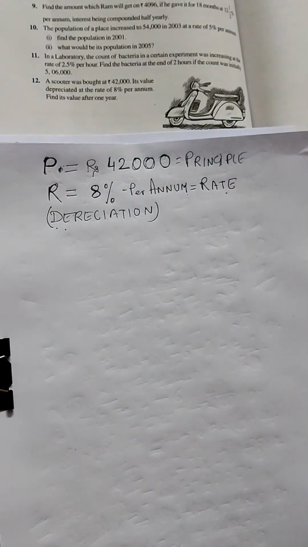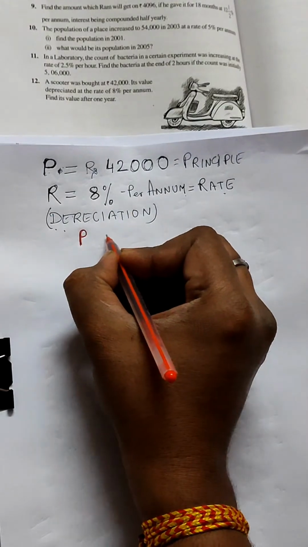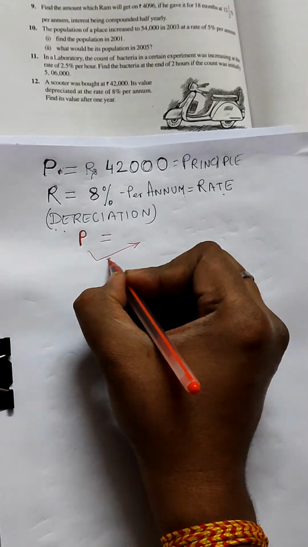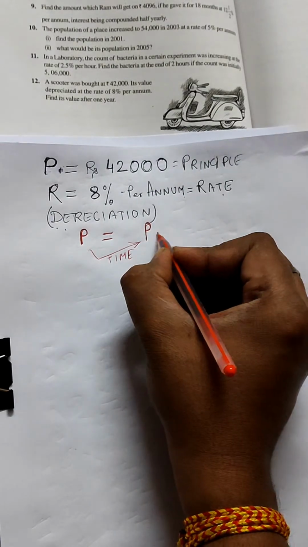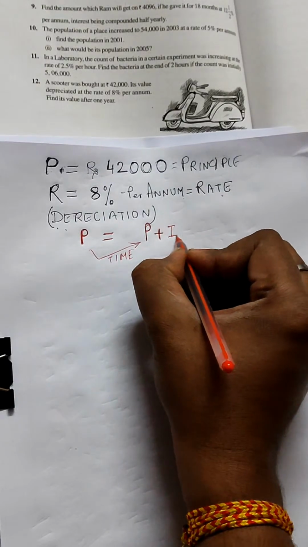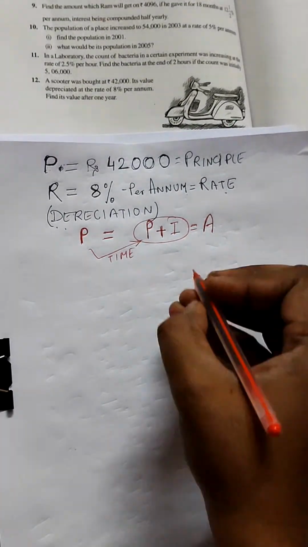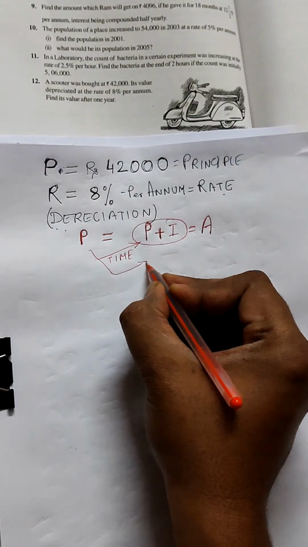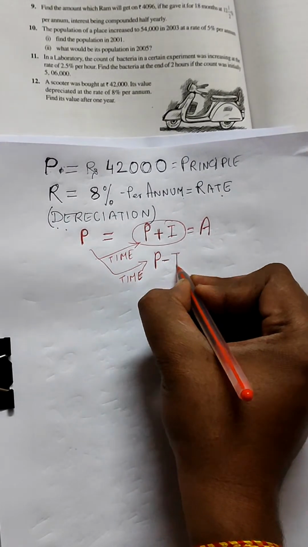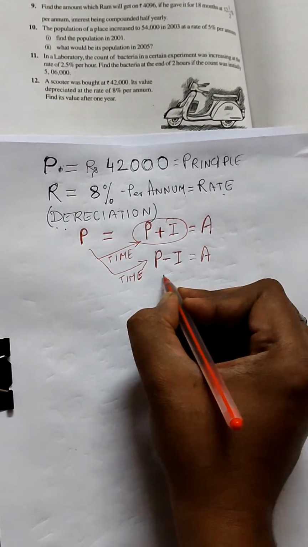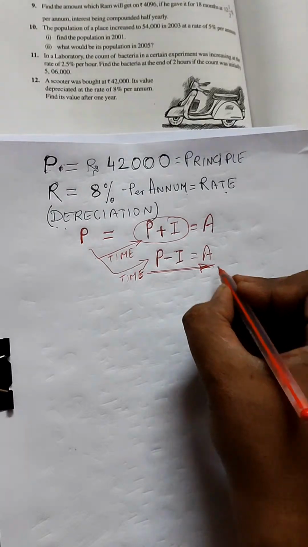So what is depreciation? I hope you understand. Depreciation is when you are purchasing something, and after some time duration, you are not left with that P. If some interest is added to the principal, then it is appreciation, and that is equal to the amount. But when the interest is subtracted from the principal in the given time duration, then that amount is called depreciation.